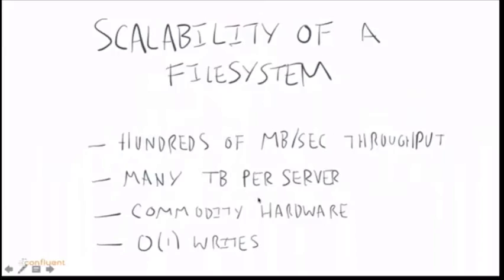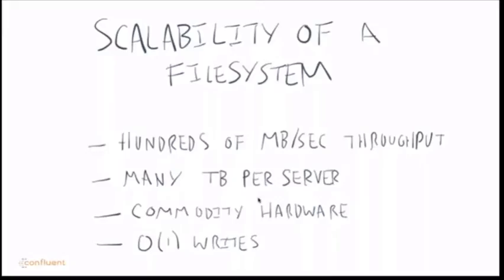So first of all, it's really important to be able to act as a unified data pipeline that scales well and scales cheaply. If you want to be able to use it for really high volume feeds like log events and sensor readings I talked about, it needs to be able to process hundreds of megabytes per second of throughput per server. You need to be able to store many terabytes per server.